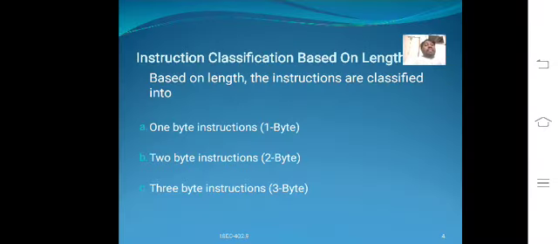Instruction classification based on length.